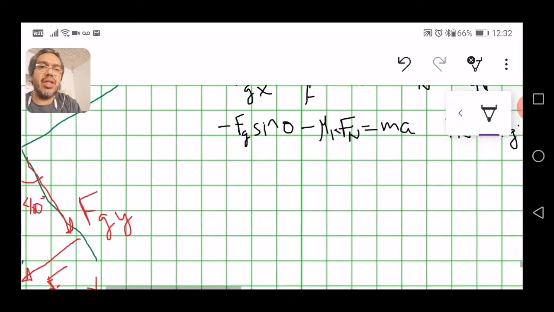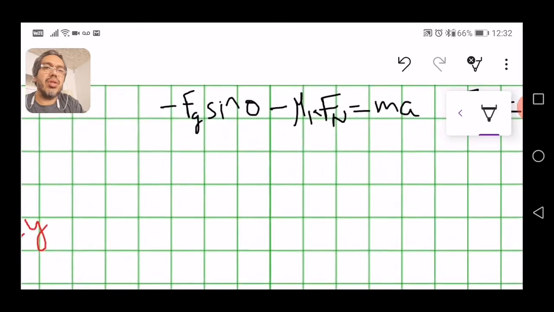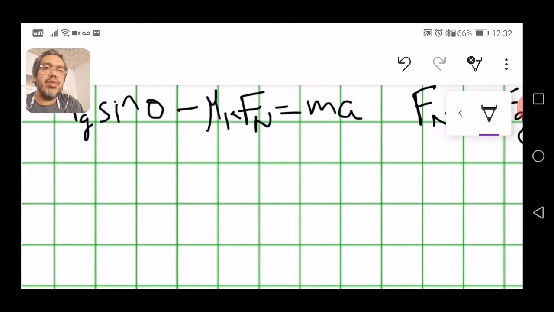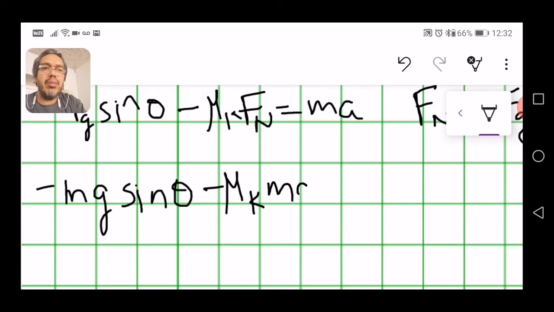Reciprocally, you can see in your free body diagram that the y component is equal to the adjacent leg, and so cosine. If you substitute over here, and you substitute the gravitational force by mg, what you have is minus mg sine of the angle minus mu k mg cosine of the angle is equal to the mass times acceleration.